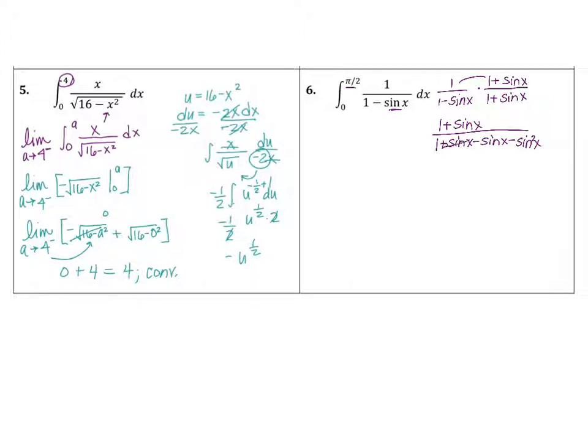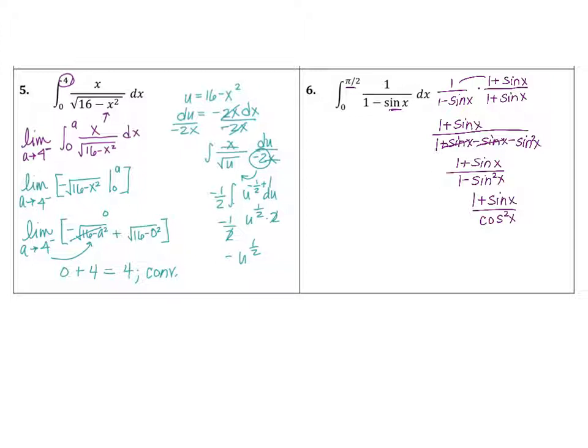And so those middle terms cancel out. And so I have 1 plus sine x over 1 minus sine squared x. And then we're going to use that 1 minus sine squared x to change that to cosine squared x. So I'm going to have 1 plus sine x over cosine squared x.